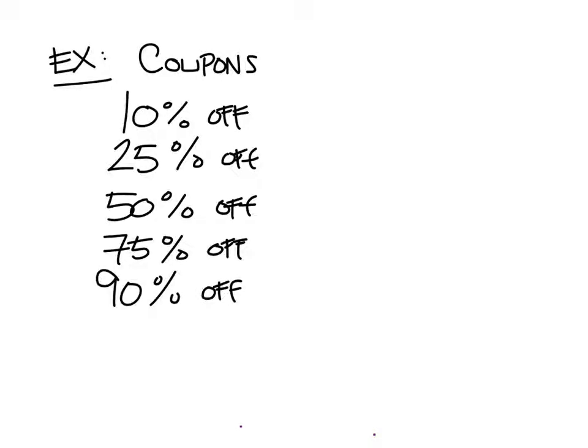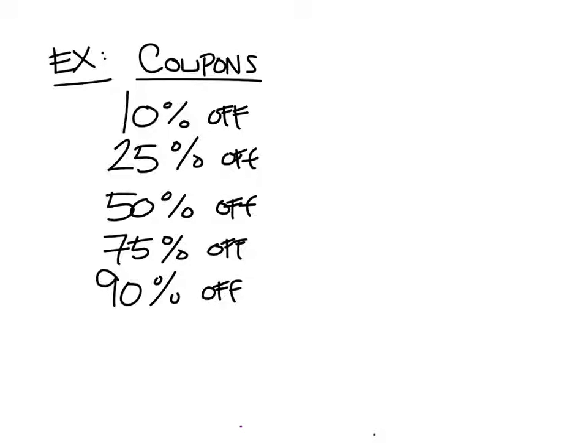So let's look at another example, and then we want to find a way to simulate this. Let's say that a store is handing out some good old coupons, right? And one of the coupons is 10% off. We'll say we got 25% off, 50% off, 75% off, and 90% off.